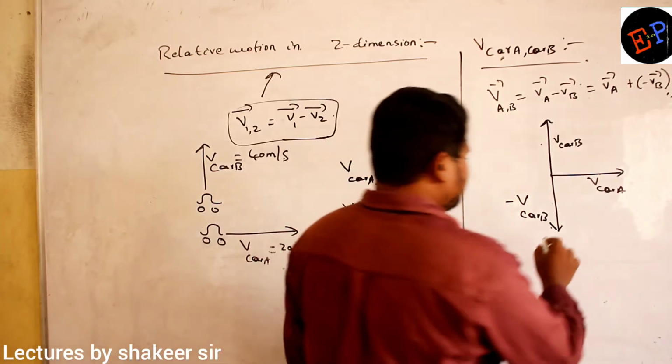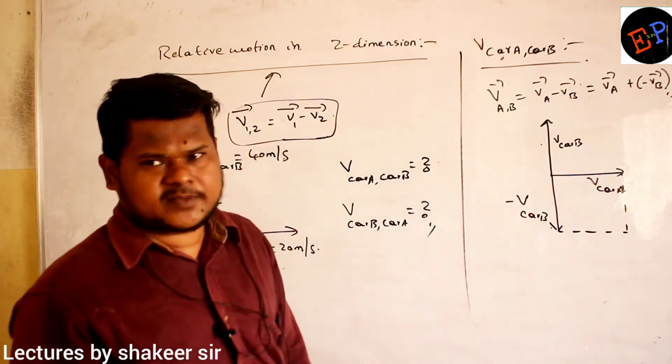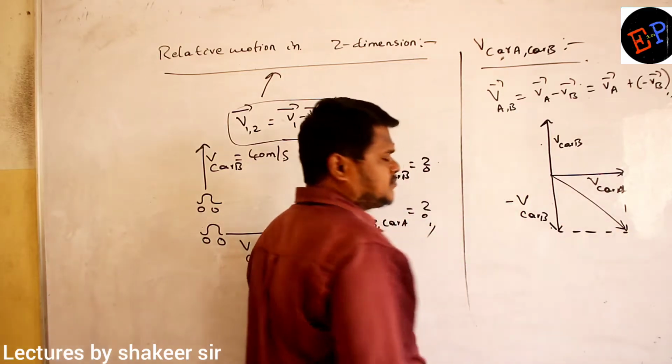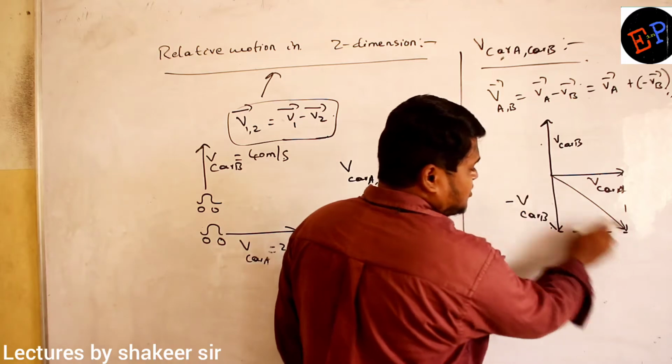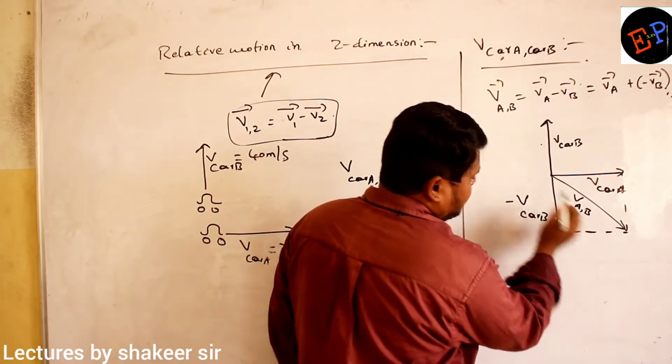What kind of addition is this: triangle rule or parallelogram rule? Parallelogram rule of addition. So this is how I join the vectors. Then this velocity is the relative velocity of car A with respect to car B.